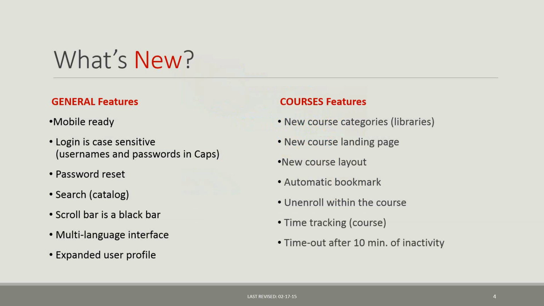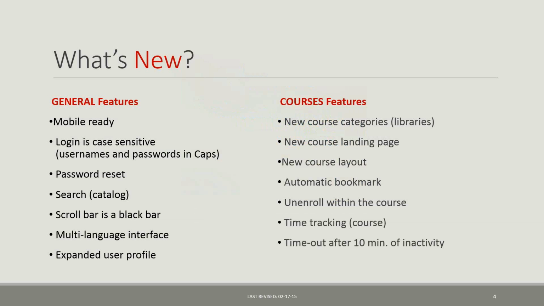In the old system, when you click into a course, you would go straight into the course to take it. In here, when you subscribe to a course, you're going to go into a landing page that has additional information for you, and it gives you more details about the course that you're going to be taking. There is also a new course layout. It's simplified, less crowded, easier to use in tablets and smartphones.